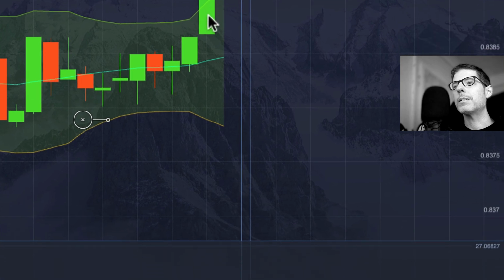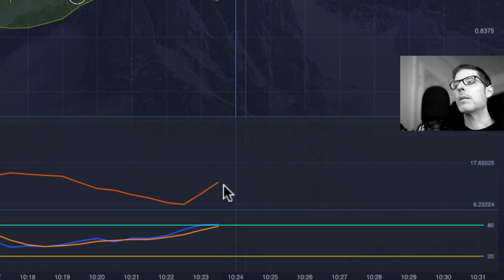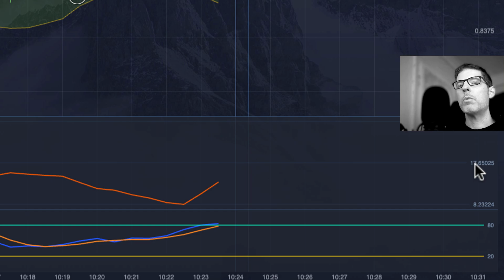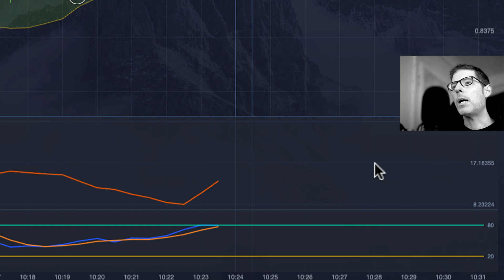Now let's take a look down here at the ADX. The middle line on the ADX is 17%, so we're well under the 20% mark for this signal in order to take the trade. We're also inside of the overbought area around 80% on the stochastic oscillator. So everything lines up, and sure enough, we came out in a profit.